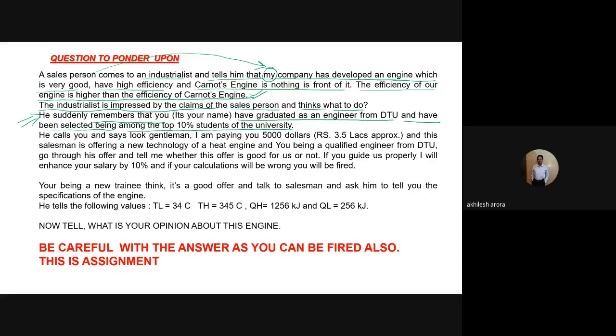So your selection is based on your marks in your degree from DTU. He calls you and says, "Good gentleman, I am paying you $5,000." This is the salary you are going to get from that industrialist, which in Indian rupees would be approximately 3.5 lakhs.